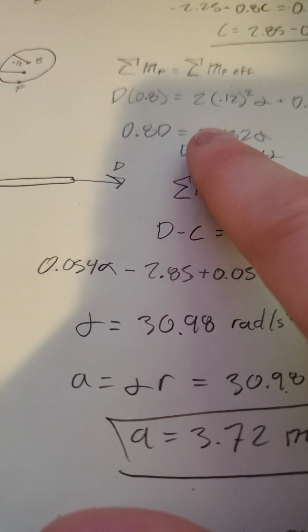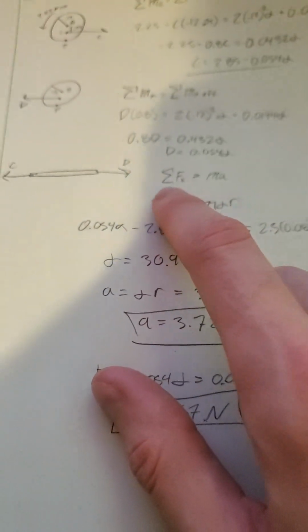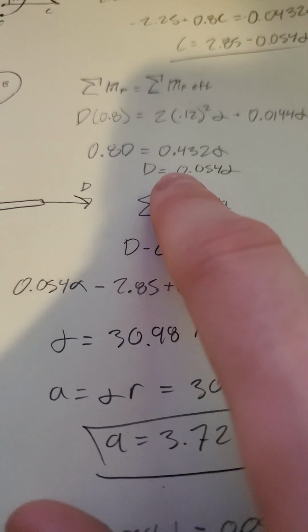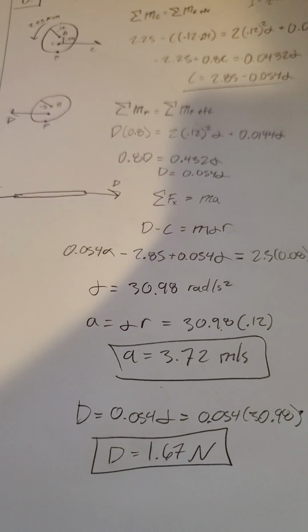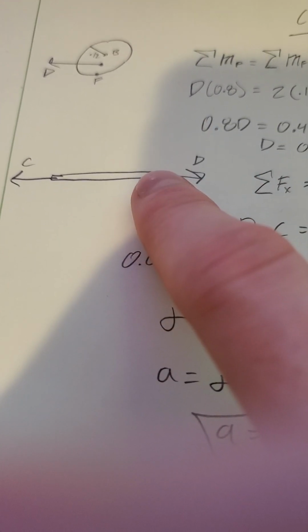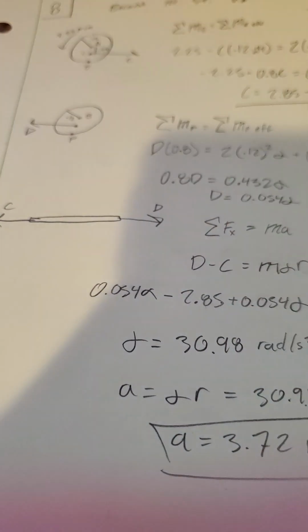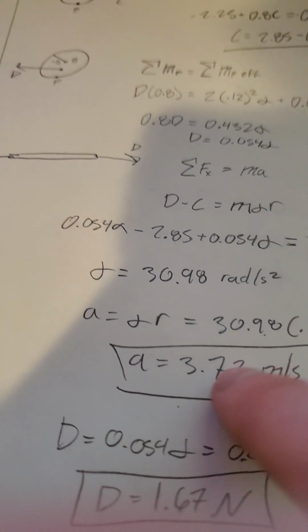Just solve the moment about the point in contact where we know it's not moving, and you get another equation. And this one, we know D equals some coefficient times alpha. And then I just do it for the bar itself. We know this is ultimately going to equal the net force, which is going to equal the net mass times acceleration, however fast the whole thing's moving.